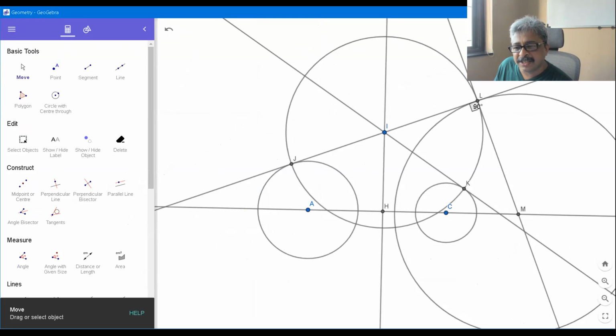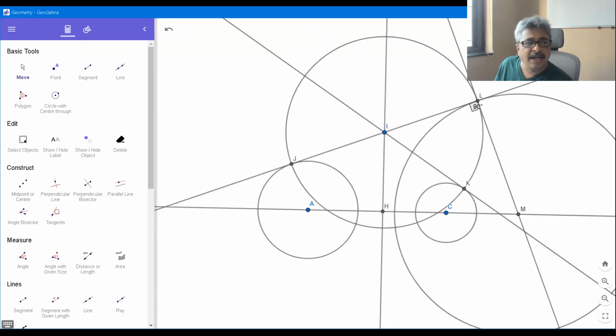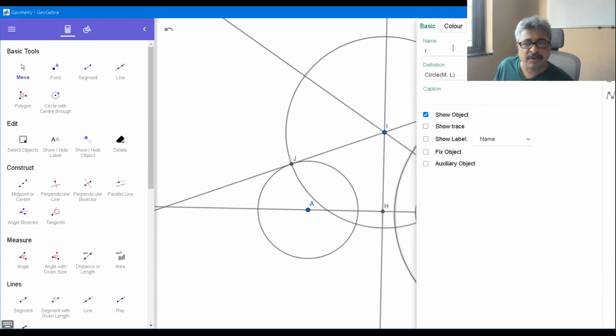At L, draw a tangent, it intersects line AC at M. With center M and radius ML, draw a circle. Now Samartha, change the color of this circle with center M. That is our first circle that we have found out.